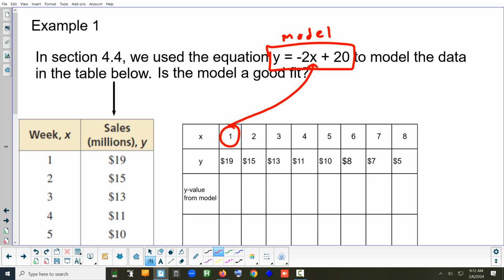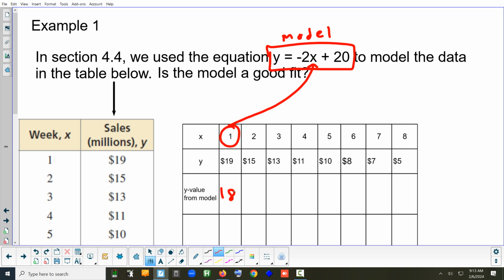This is what we actually got. Let's see how close the prediction is. If you plug in 1, what's negative 2 times 1? Negative 2. And what's negative 2 plus 20? 18. Is the prediction close to what the actual value was? Yeah, that's pretty close. It's not bad.